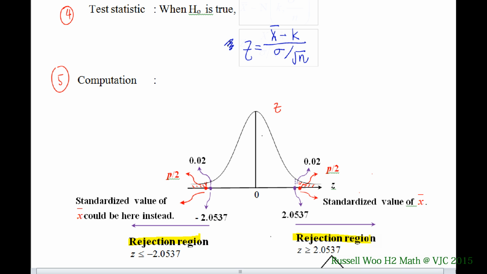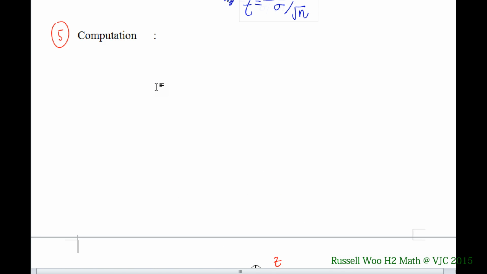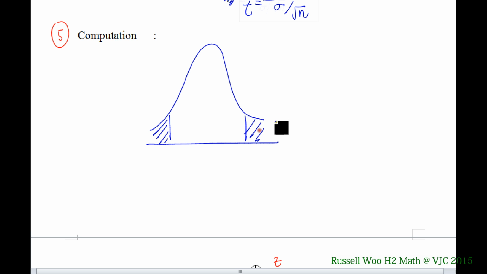Ignore this complicated diagram for now. What I'm trying to tell you is this. Now, there must be some rejection region here. This is your Z, correct?